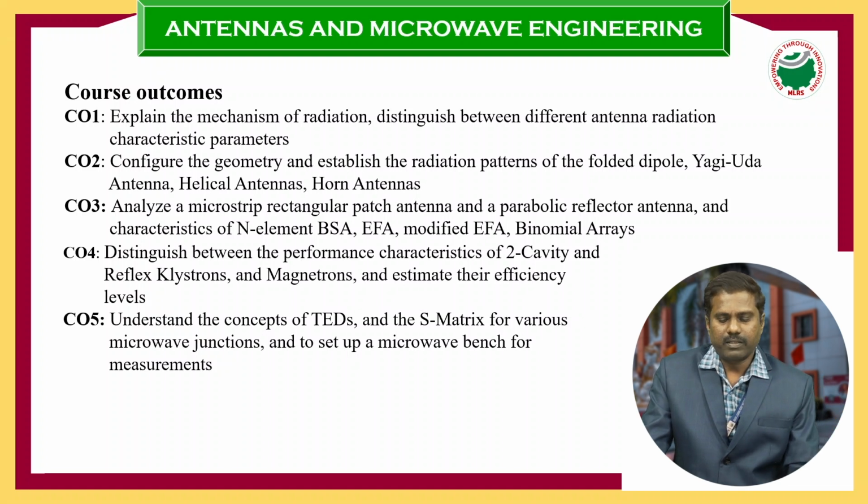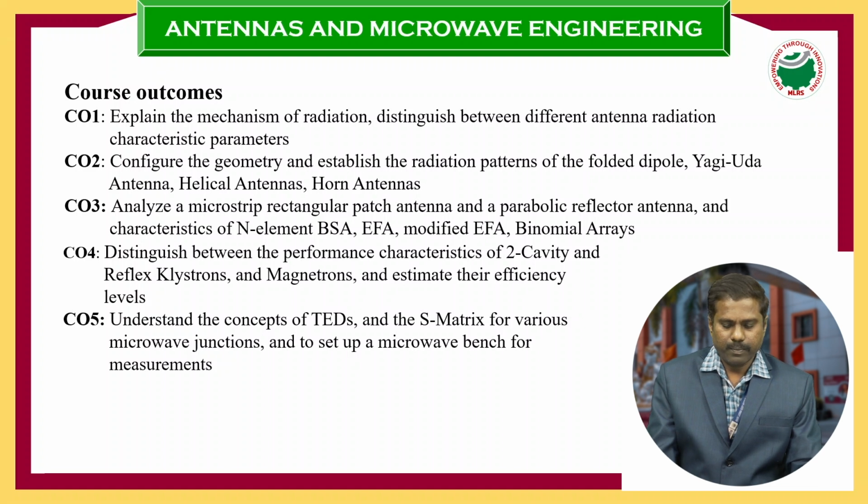The second one is to establish the folded dipole antenna, dipole with parasitic elements and the Yagi-Uda antenna. The third course outcome is about parabolic reflectors and arrays of antennas.